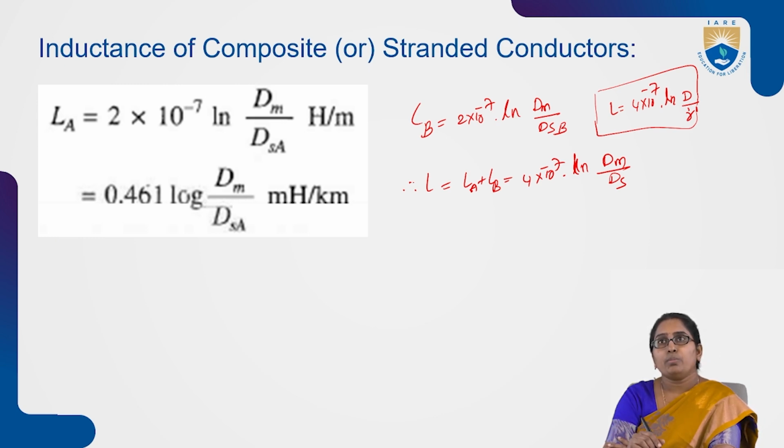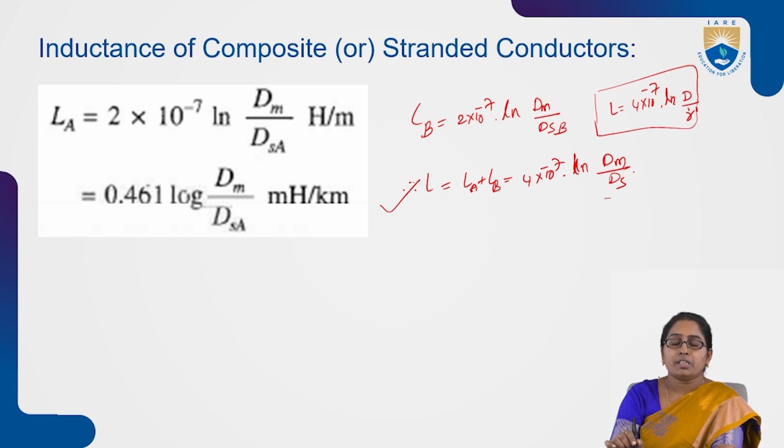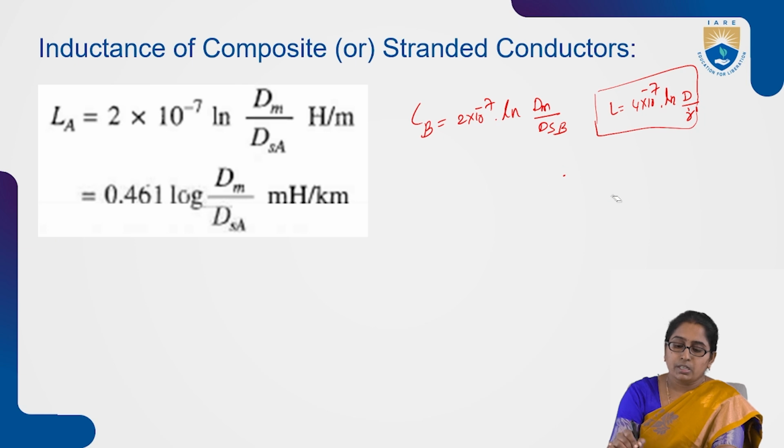Now for a composite conductor, this is the expression which has the mutual GMD and self GMD. Next we have a small problem based on composite conductors.